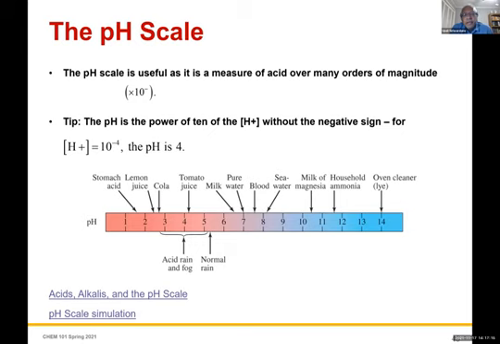Milk is slightly acidic. Tomato juice is about pH 4. Cola, carbonated drinks, are acidic, about 3. Lemon juice is also acidic. The stomach acid is most acidic.